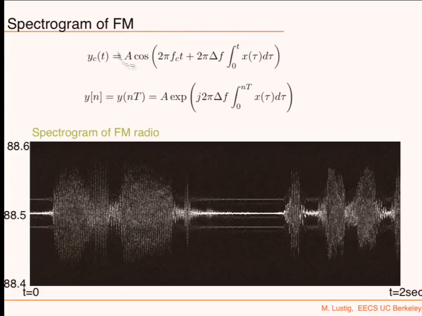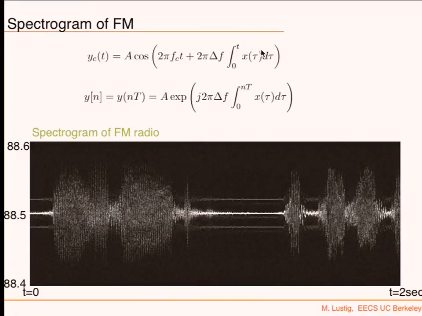What is FM? FM is defined the following way. Okay, so A times cosine of a carrier, 2 pi fc. This is the center frequency. In this case, it is 88.5 megahertz, plus 2 pi delta f, so how much variation you're willing to go through, and then integrate over your time signal.